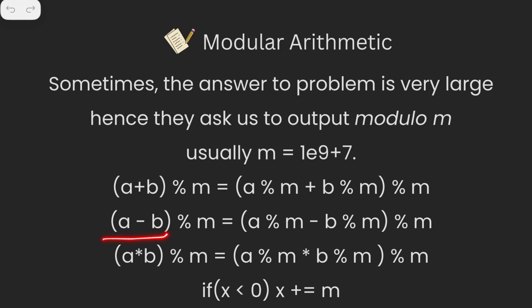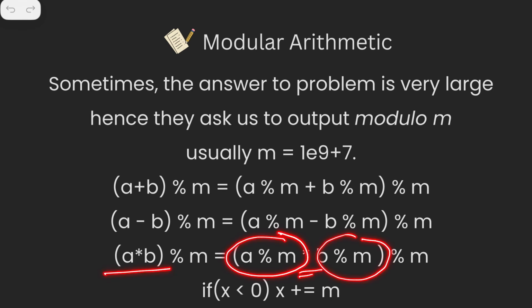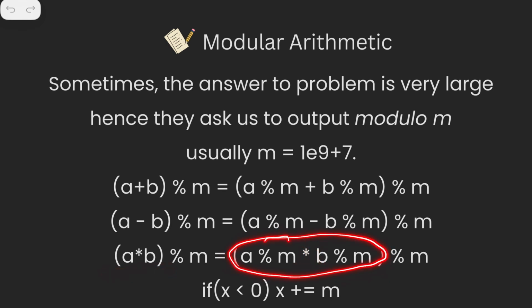Similarly, for a minus b as well, you can take a mod m and b mod m, then take the difference, and after that take the mod of the result. Remember, if the result is less than 0, then you need to add m to that result. For a times b, you take a mod m, then b mod m, then you multiply, and then you can compute the modulo of the result.